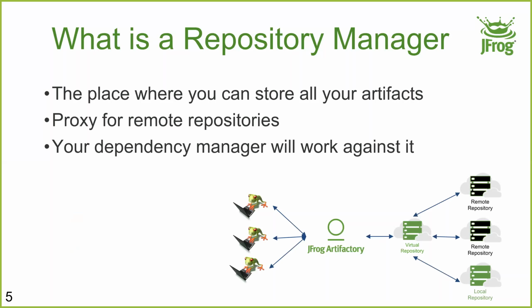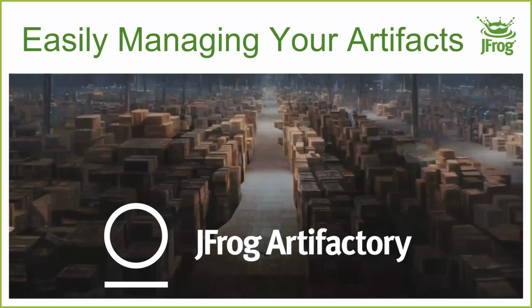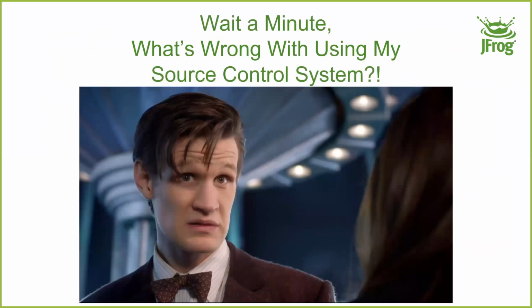We have specific plugins, for instance, for Jenkins, and a universal way to push to and pull from Artifactory using the CLI. And with Artifactory, you will be able to really easily manage your artifacts. I will continue on the next slide to show you the different features.